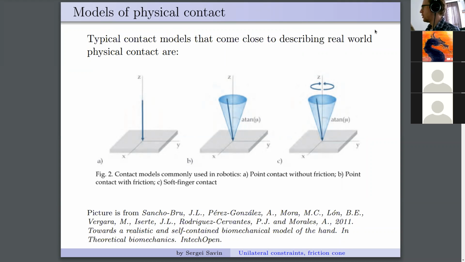So when you touch a surface, when you touch something, that's what they mean by contact. What are those models? Well, first is this one. This is contact without friction.